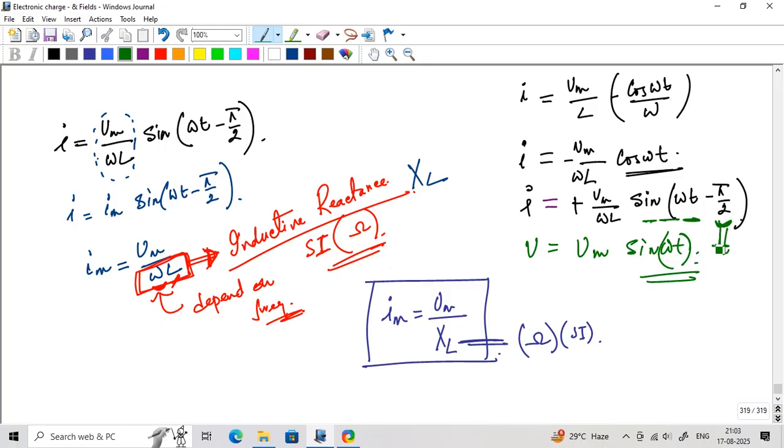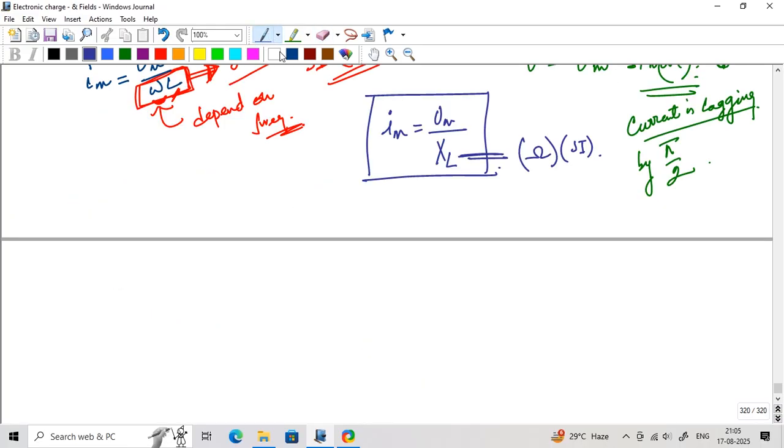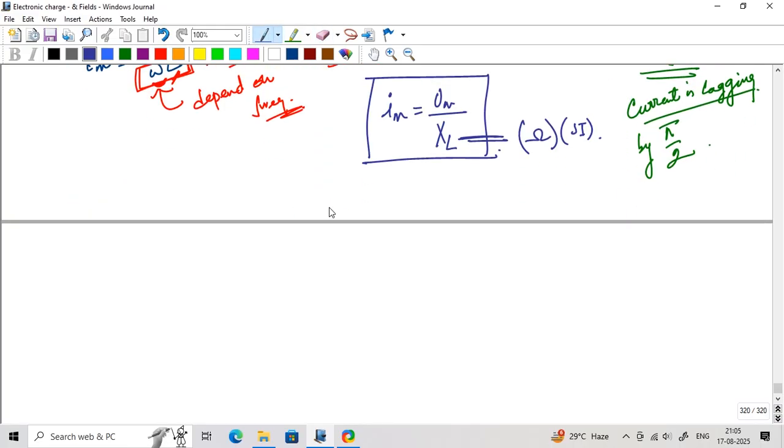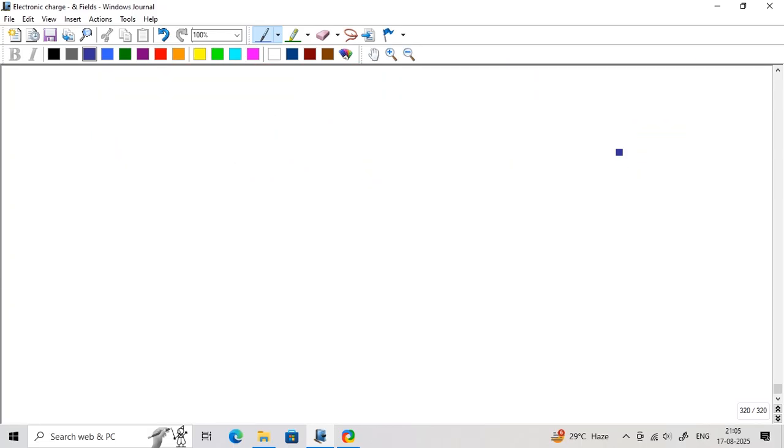The current is lagging by pi by 2, or 90 degrees. Our voltage is leading by pi by 2. Keep in mind, the current is lagging by pi by 2. Now we draw a phasor diagram.